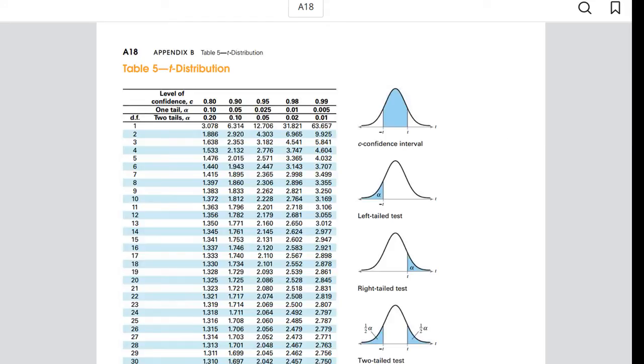We have a one-tailed test with a 0.01 and 16 degrees of freedom. So we come down until we get to 16 degrees of freedom, and that's 2.583. It's a right-tailed test, so it's a positive 2.583.